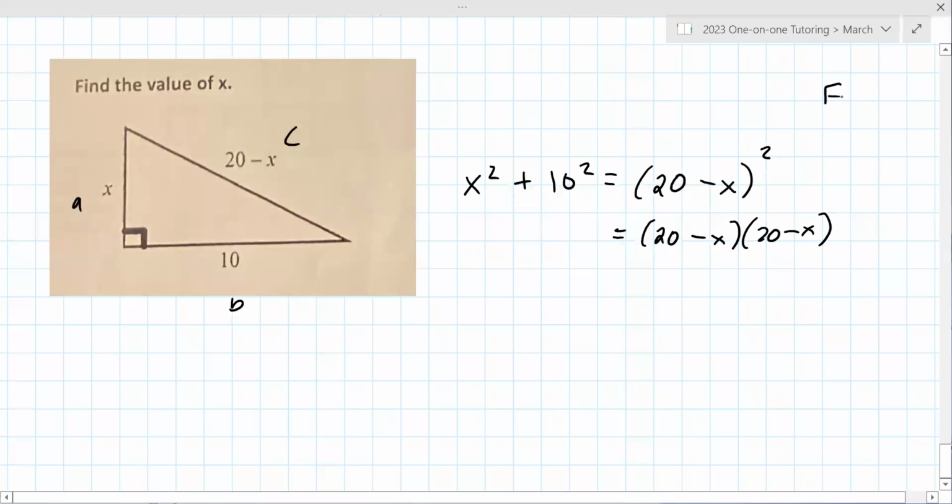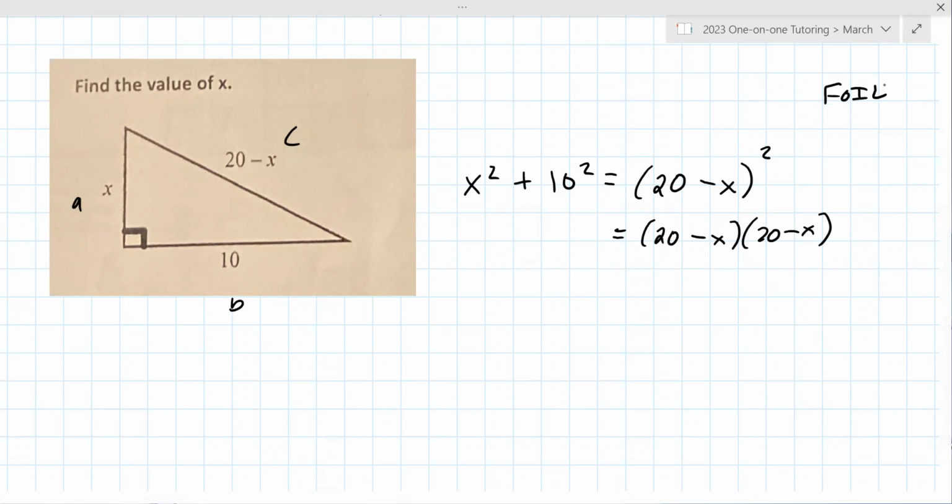And then you're gonna do FOIL. Yeah, FOIL. So it's like 20 times 20. I'd like you to FOIL that. Okay, and when I FOIL, I'm gonna take into account that there are negative signs, correct? Yes.